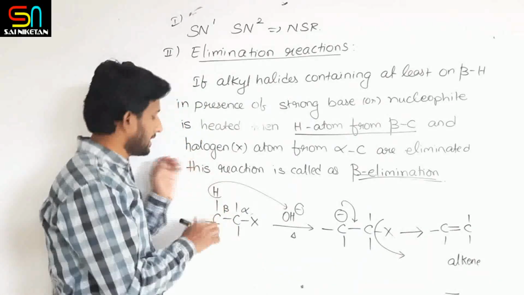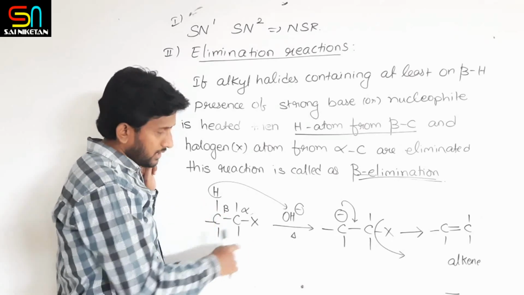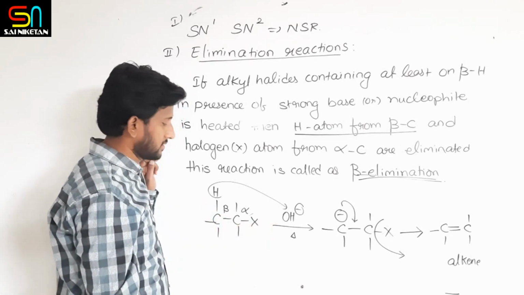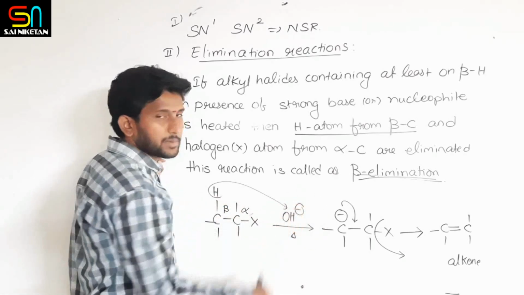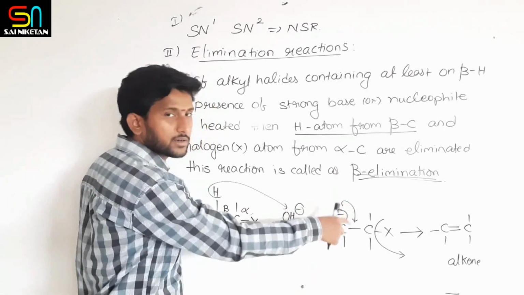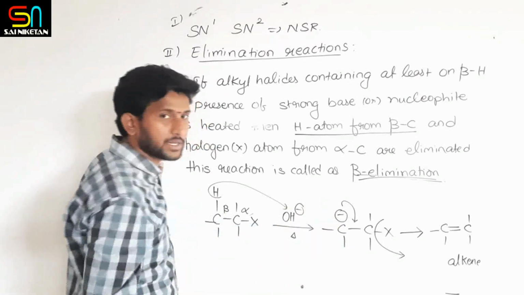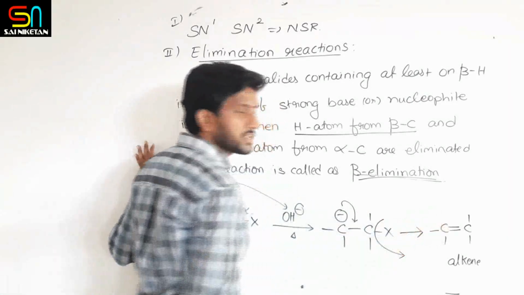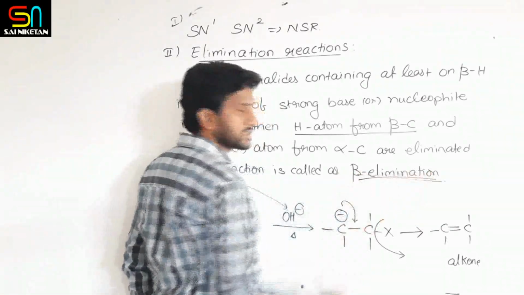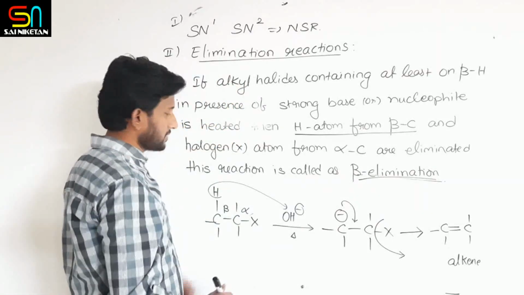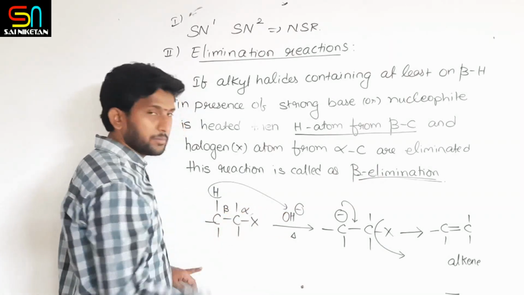So what is happening? If any alkyl halide contains at least one beta hydrogen and is heated in the presence of base, the base will abstract the beta hydrogen. Then you will get one carbanion. Then the lone pair of electrons shifts between the two carbon atoms, that is alpha and beta carbon atoms, and you will get an unsaturated compound. This process is called beta elimination. Here halogen is eliminated from alpha carbon and hydrogen is eliminated from beta carbon.